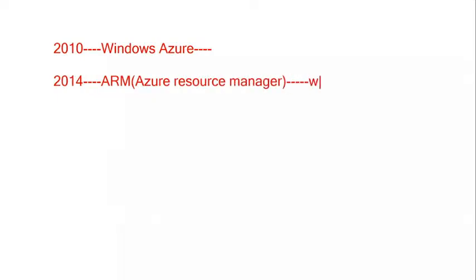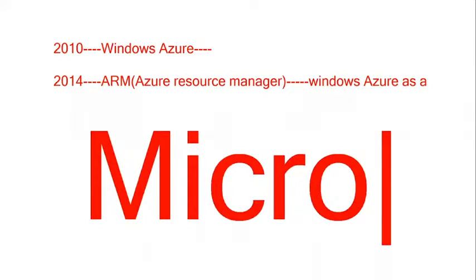Later, in the year 2014, they introduced a new deployment model called ARM. ARM means Azure Resource Manager. And they renamed Windows Azure as Microsoft Azure.